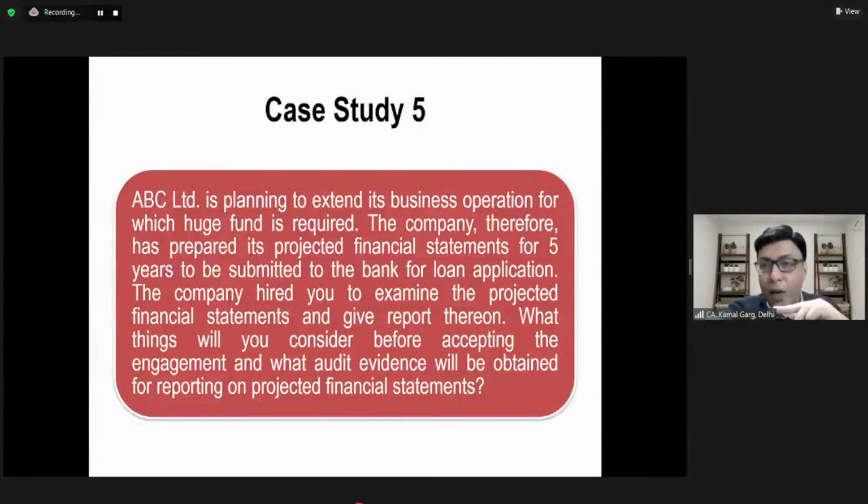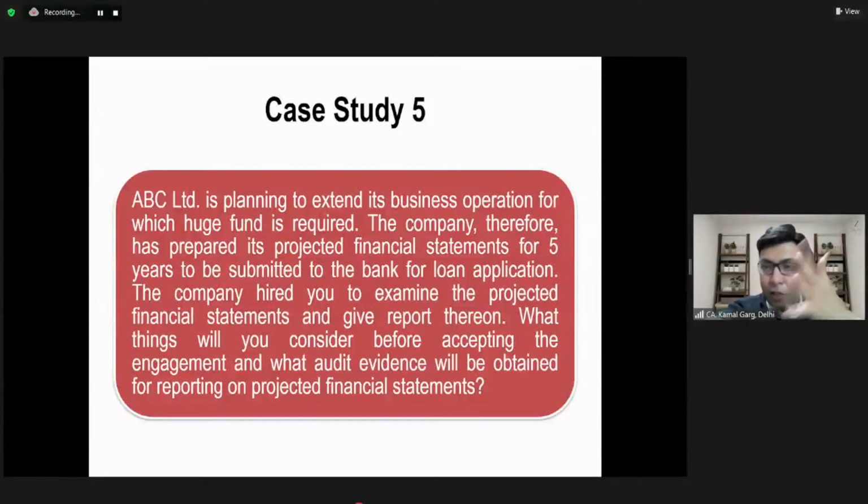So what will happen? Our dialogue will go on between me and you, and I will give you some reasons as to why I am taking 10%. All these reasons need to be checked by you as to whether they are arbitrary or not. For example, I told you, my heart says, because of my past experience, that sales will grow 10%.